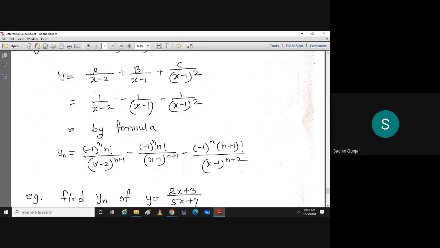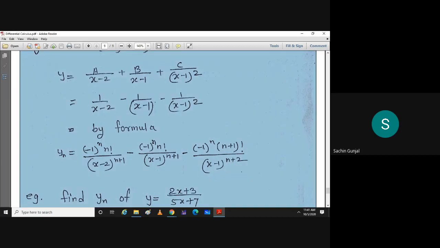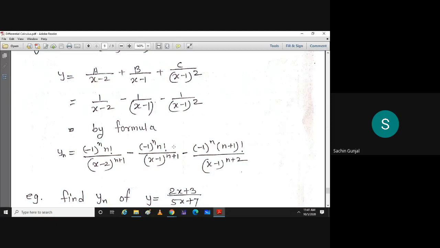So by the nth derivative formula, nth derivative of 1 upon x minus 2 you can take separately, that is minus 1 raised to n into n factorial upon x minus 2 raised to n plus 1. Then minus as it is, nth derivative of 1 upon x minus 1 is minus 1 raised to n, n factorial upon x minus 1 raised to n plus 1.